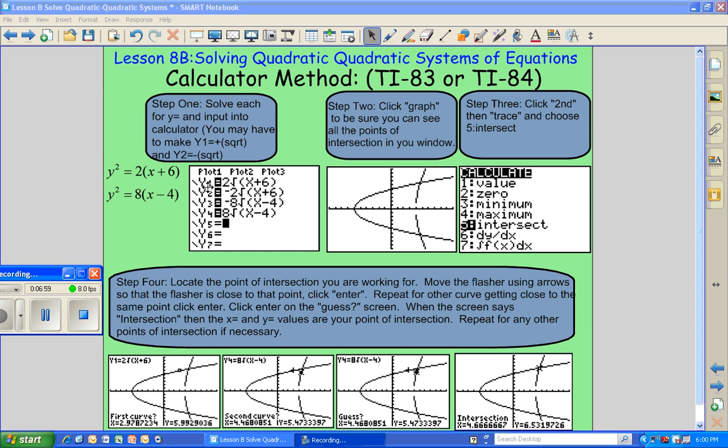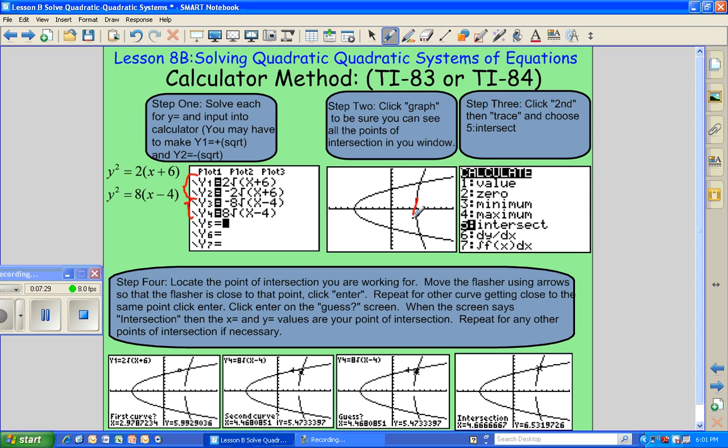So when you put them in your calculator, the first equation is going to take up two spots, one for the positive, one for the negative, and then the second equation is going to take up two spots, once for the positive, once for the negative. Because it actually graphs one equation, then it graphs the other equation, because this guy isn't a function. He doesn't pass the vertical line test, and your calculator can only graph functions.